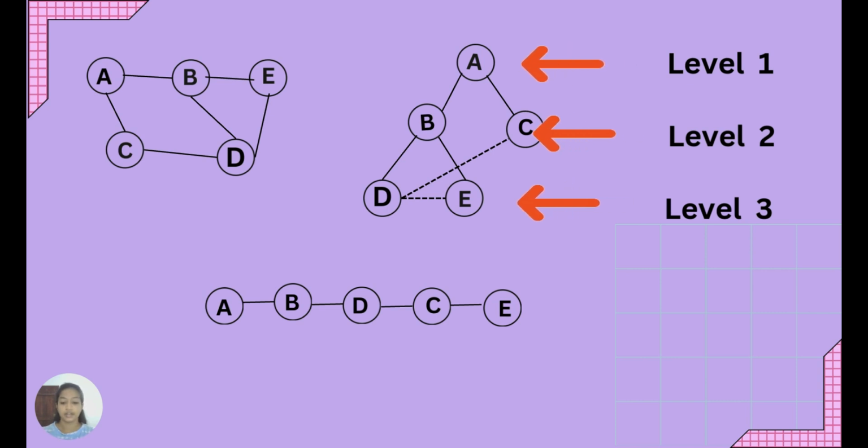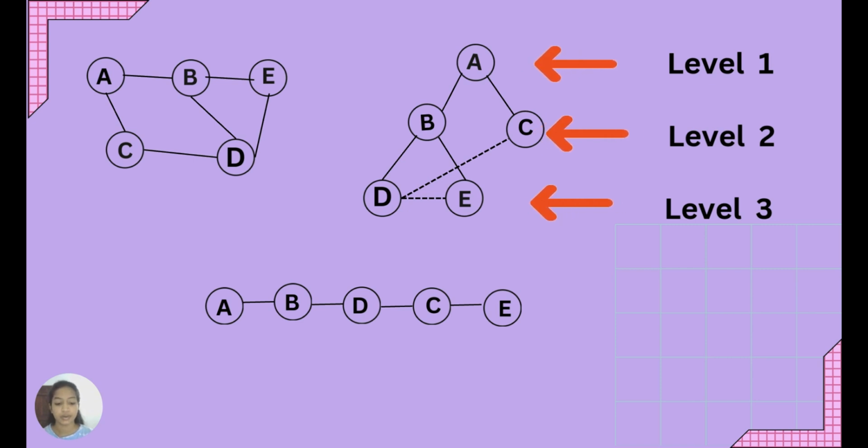Now, we can move from level to level in this tree. First, we meet A, so there is no more element in level 1. Then we go to level 2 and visit B and C. So level 2 is over.